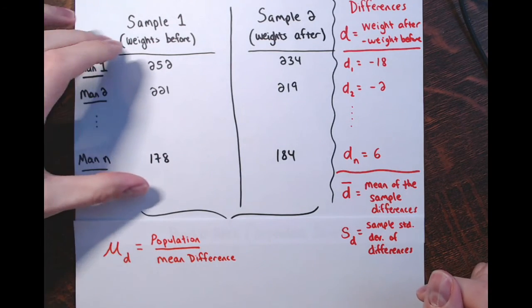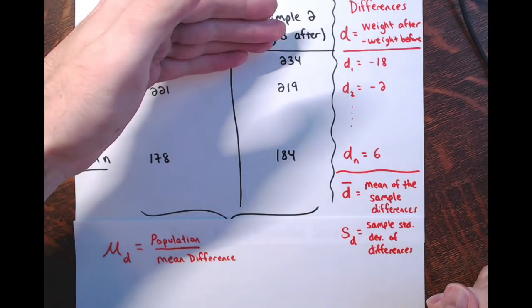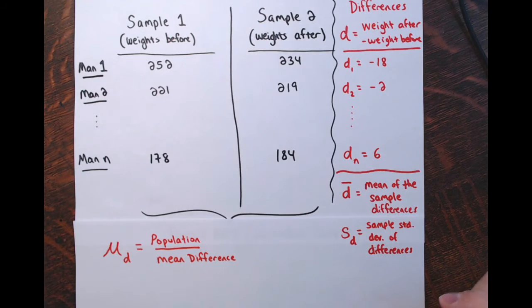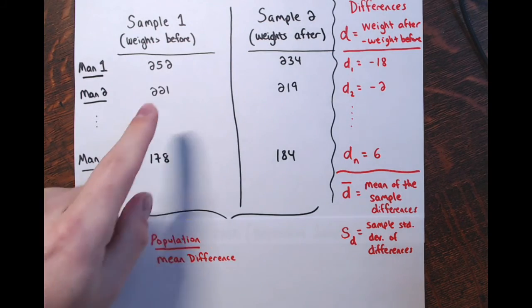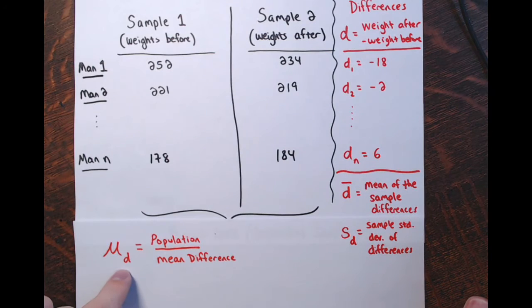So if I were to do this, record the weights before taking this supplement for 4 weeks and then record the weights after, if I were to do this for every overweight man, every possible one, the entire population, and then look at their differences, what would be the average of all those differences? That's this mu sub D.